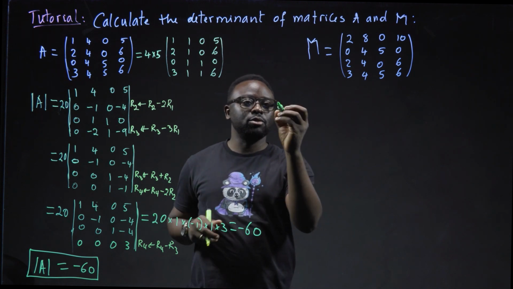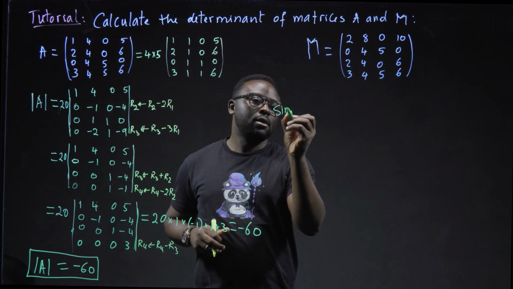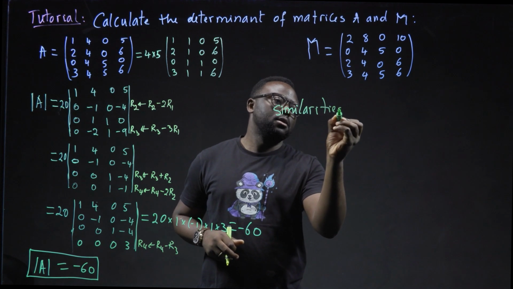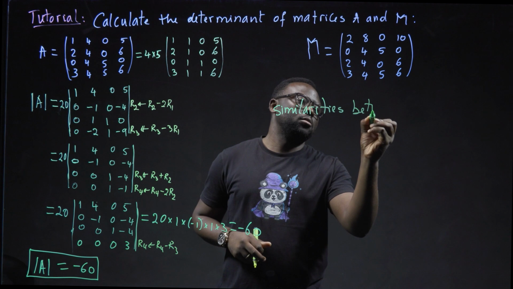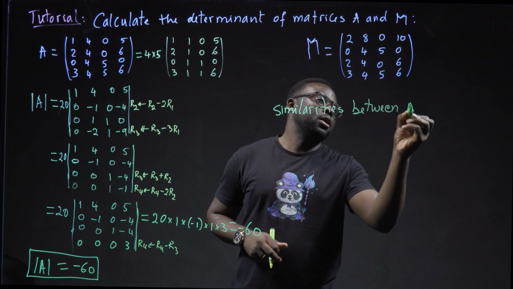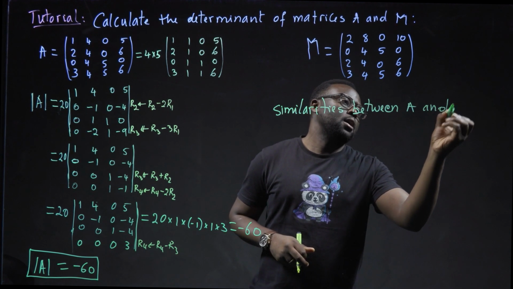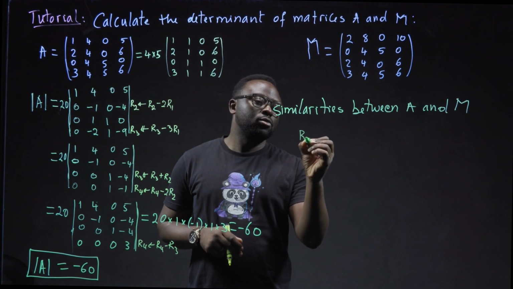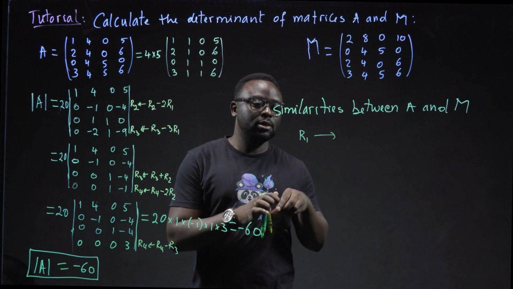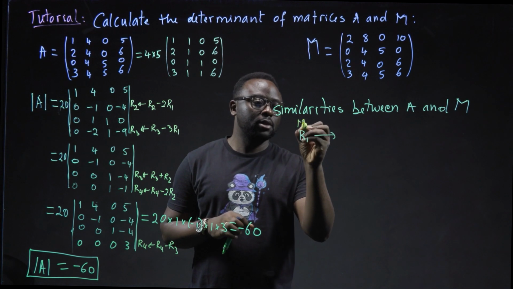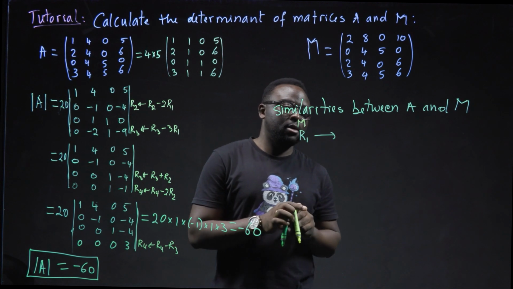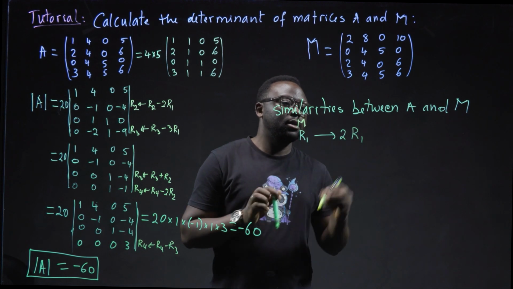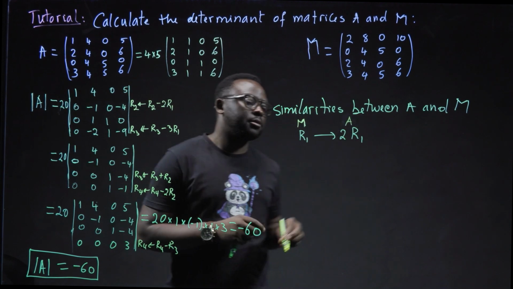So similarities between A and M. Matrix M has 2 times R1 of the matrix A.